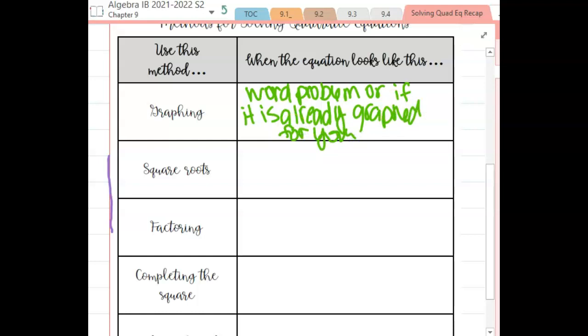If it's a word problem, sometimes it might be nice to have a visual representation of the problem. We haven't done any word problems, but I gotta give you some way to use graphing. Or like I said, there will be one on your test that's already graphed for you. Don't solve it using one of the other methods. Just use the graph and we'll go over that, okay?